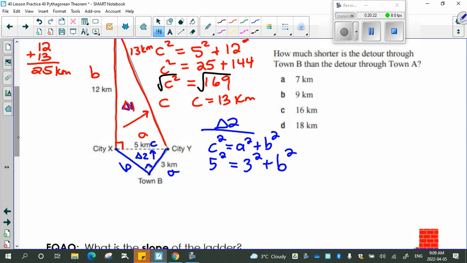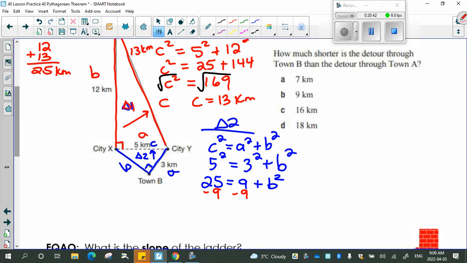Then you figure out your squares. Now both numbers are not on the same side, so I have to make a 0 there so that I can get B squared by itself.